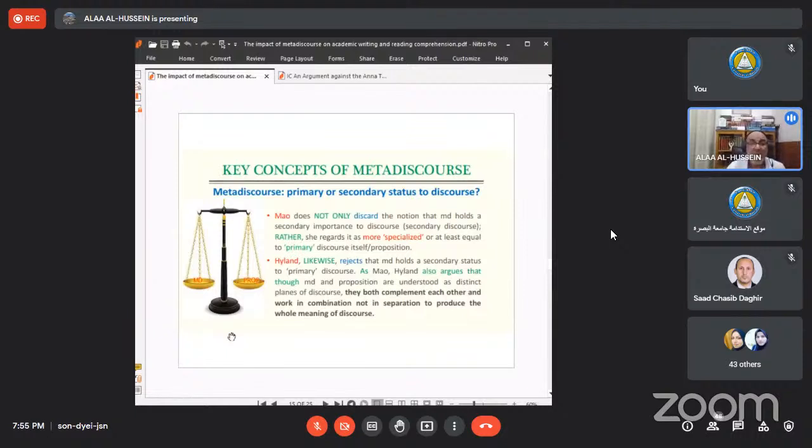As Mao, Hyland also argues that though meta-discourse and proposition are understood as distinct planes of discourse, they both complement each other and work in combination, not in separation, to produce the whole meaning of discourse. So they work together to yield the meaning intended by the writer, by the speaker. They help each other.